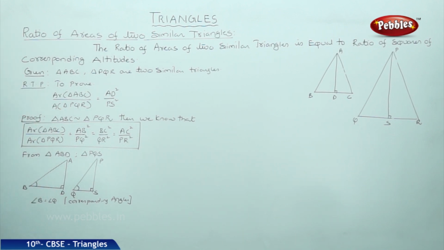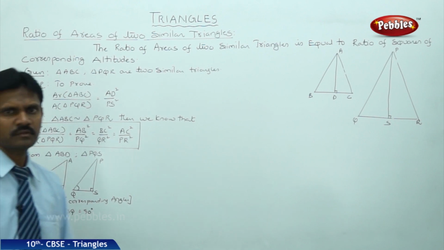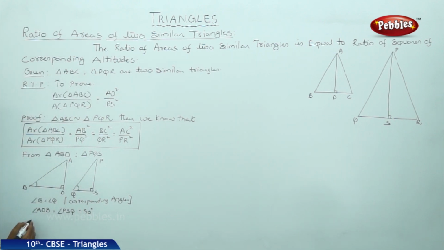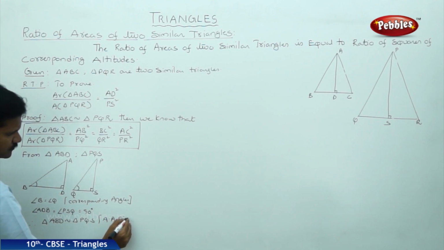Now angle D, which can be written as angle ADB, is equal to angle PSQ, which is 90 degrees. Therefore, these two triangles are said to be similar. Therefore, triangle ABD is similar to triangle PQS. Reason: angle similarity.